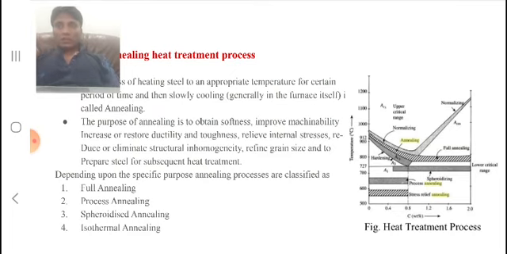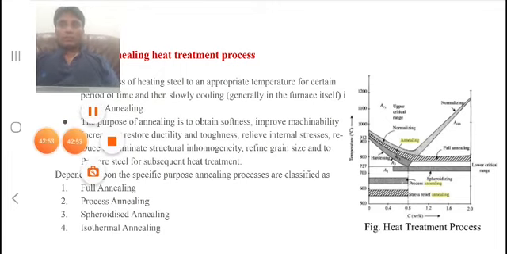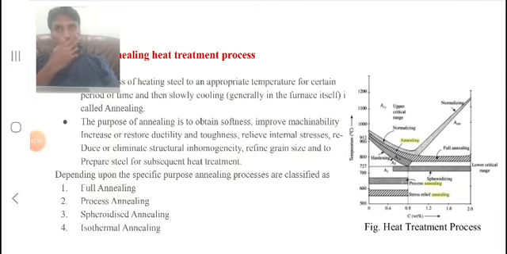Whereas in isothermal annealing, the same things can happen, but at a very fast rate, because full annealing takes around 2 to 3 days, whereas isothermal annealing can be done in only 1 day. So thus we can reduce the annealing time. But the other big disadvantage is it can only be adopted to small sections. So this we need to keep in mind.